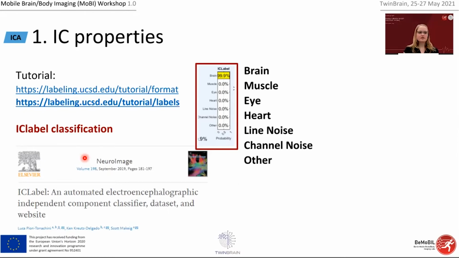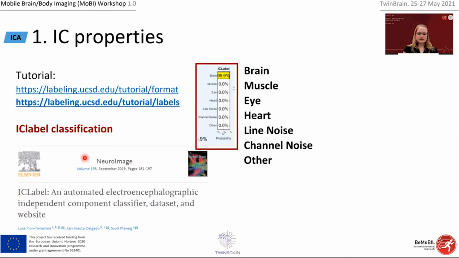But there was also good content shared already in the Discord channel about other tutorials. Also a YouTube video was shared. So there's plenty of stuff where you can learn about independent components and how to interpret them.